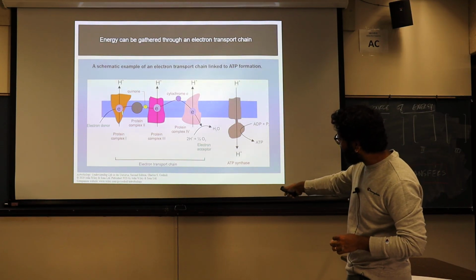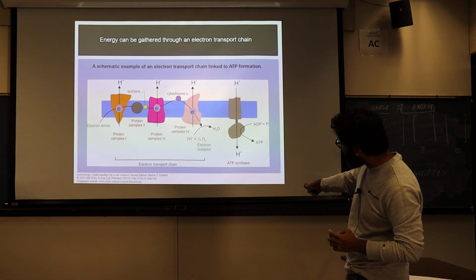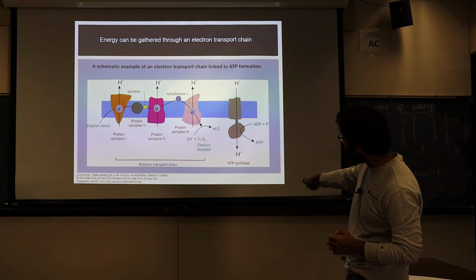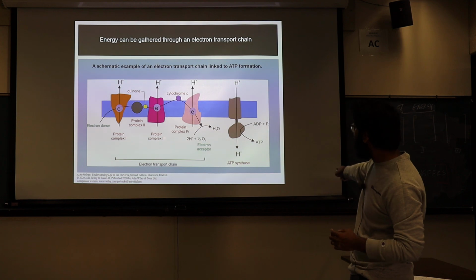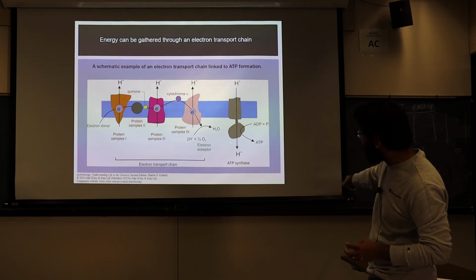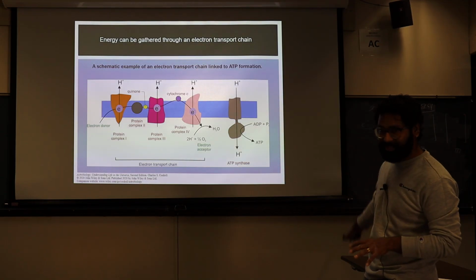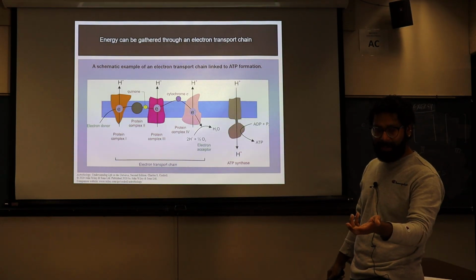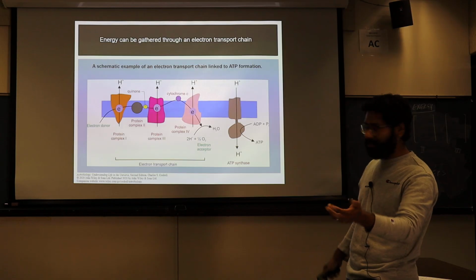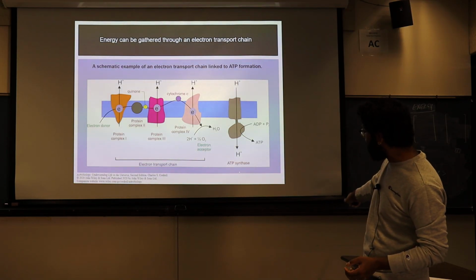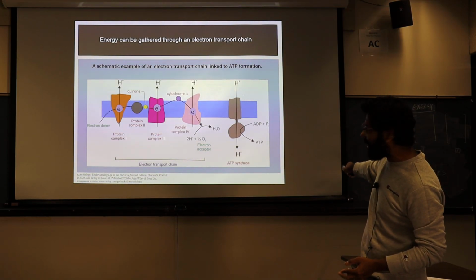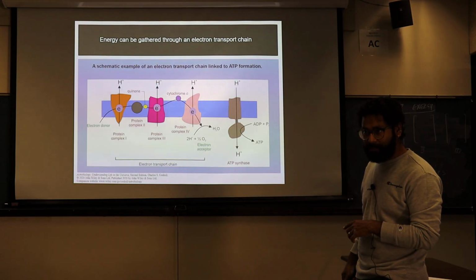But imagine that this electron is going through these different gates, and at each gate you are moving out these H pluses, and finally there will be a gate called the ATP synthase. This is an enzyme, right? This is a catalyst, this is a protein. So this ATP synthase is going to use this H plus gradient.